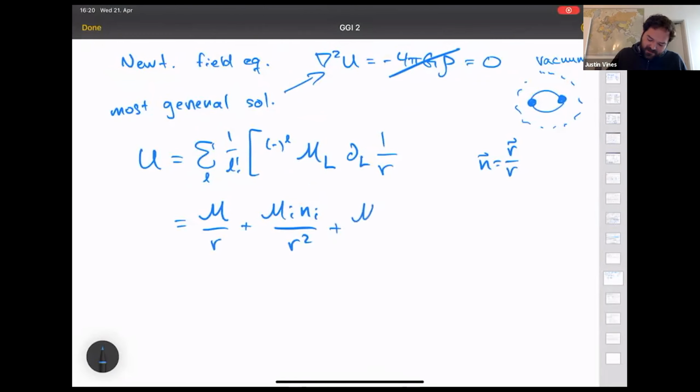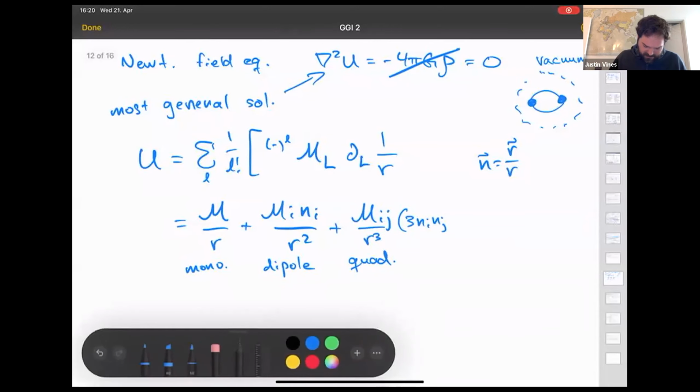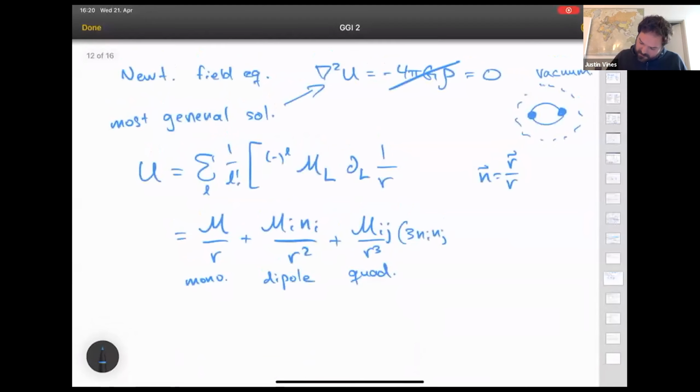And then there's the mass multipole with 2 indices. So that's the monopole, dipole, and this is the quadrupole, over r squared, with 3 n_i n_j minus delta_ij.